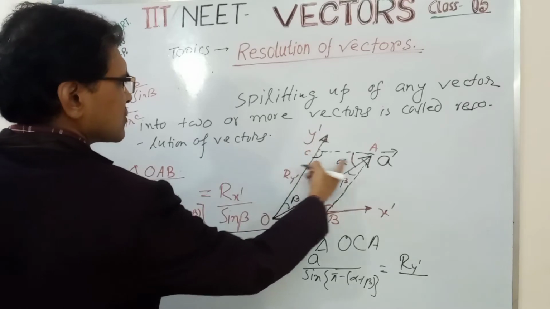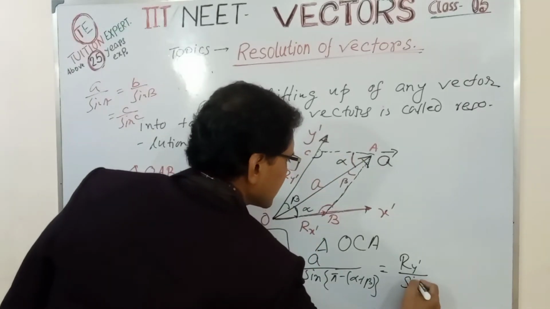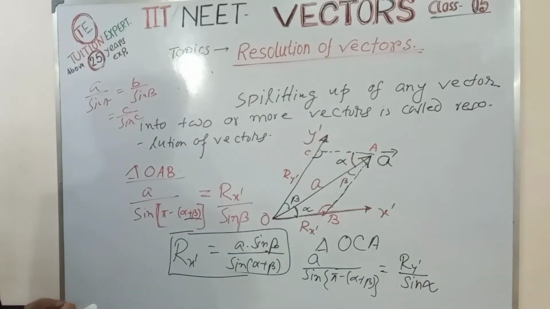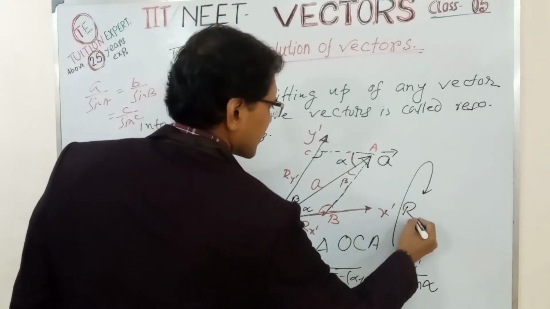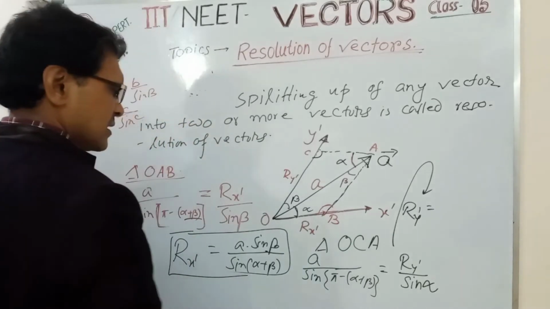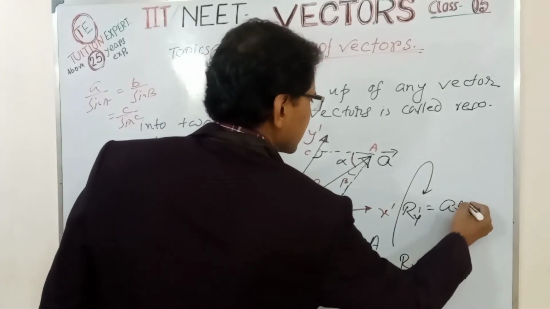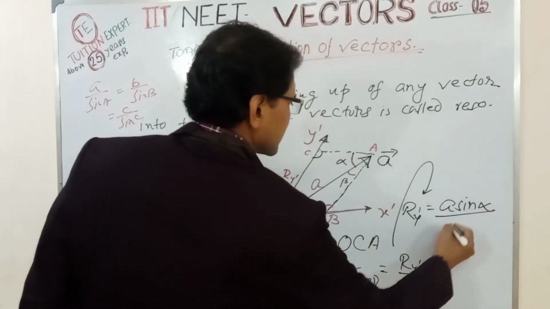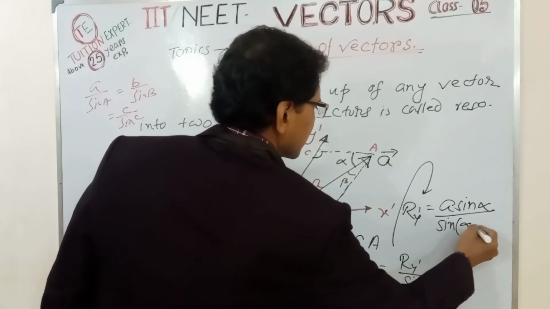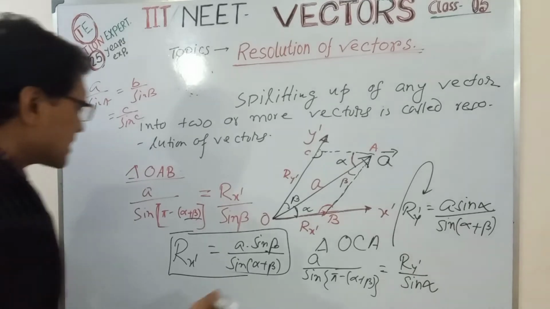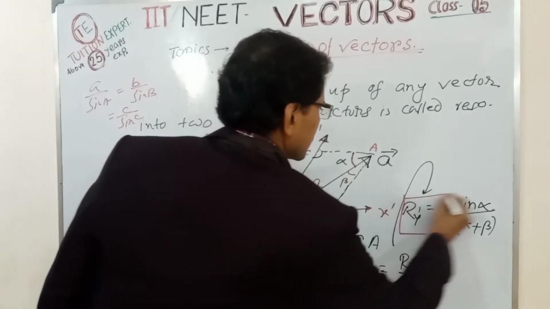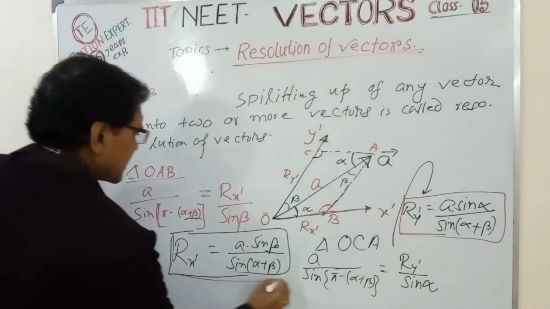This opposite angle is alpha, so sine alpha. From this we get Ry dashed equal to A sine alpha by sine of alpha plus beta. This is the result.